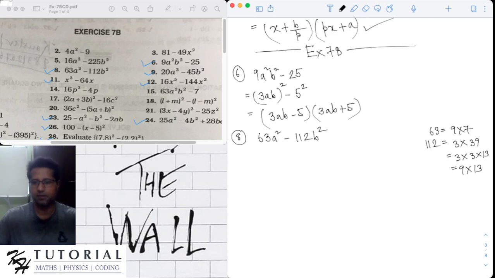So I can see there is a common factor 9 between 63 and 112. So I will factor out 9, and this will become 7a square minus 13b square.